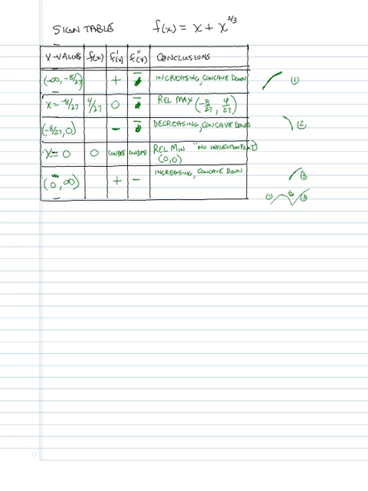Now, right here, I need to say one more thing, because in your homework, you're going to need to be able to fill in a sign table. It'll accept pluses, and it'll accept minuses, and it'll accept numbers. But it will not know how to deal with increasing or concave down if you write those out.